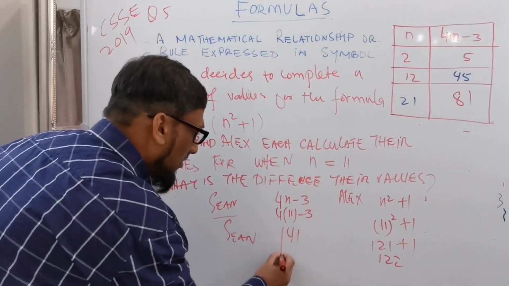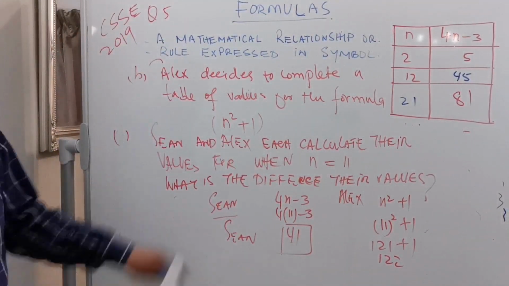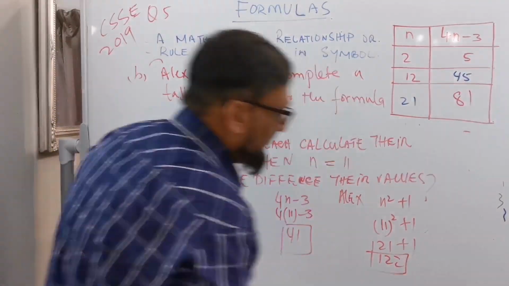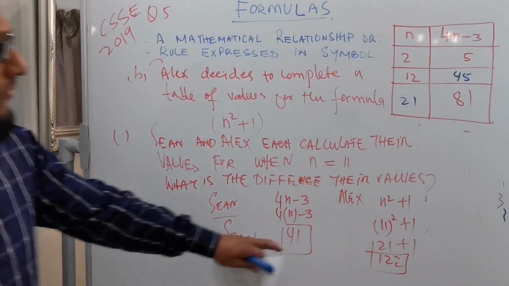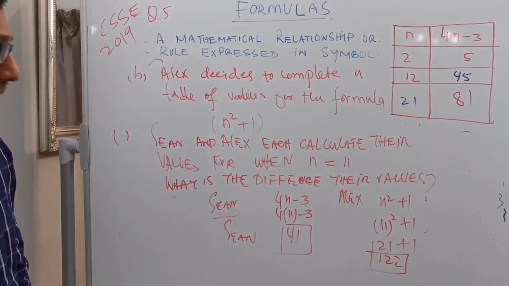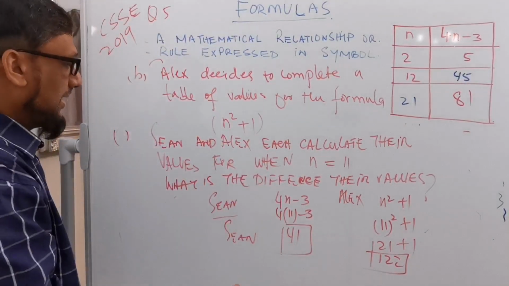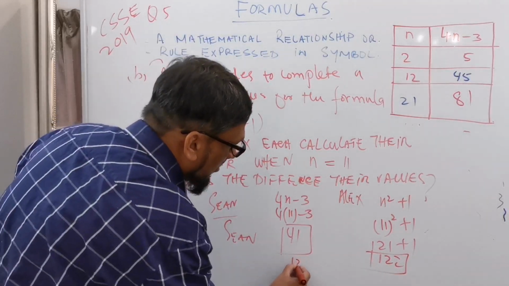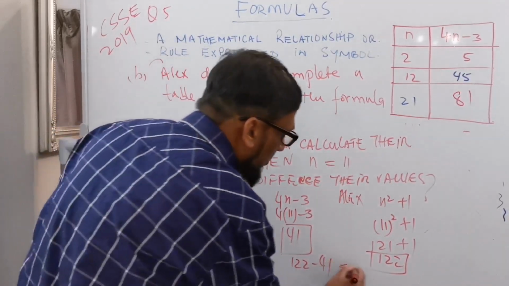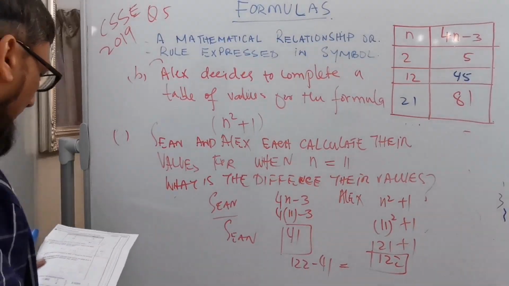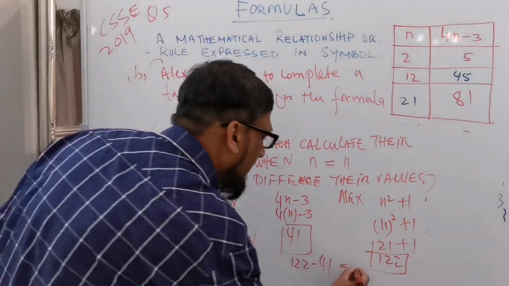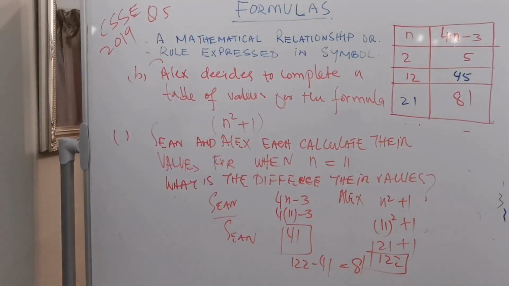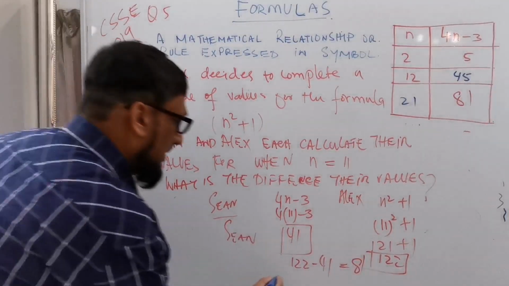The value from Sean's formula is 41 and from Alex's formula is 122. We need to find the difference between both values, so 122 minus 41, and the answer is 81. So this is the answer for part B.